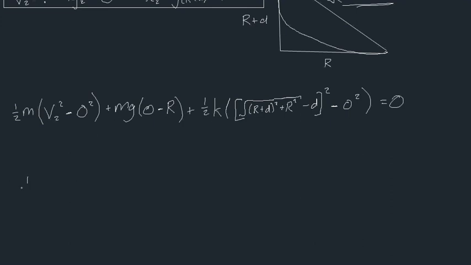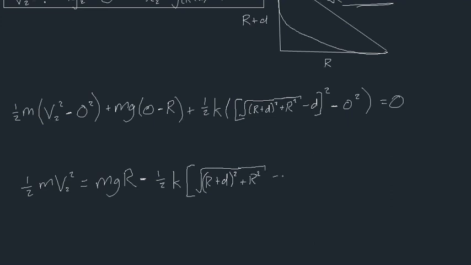That'll be a half m v2 squared is going to be equal to mgr minus a half k times this very, very convoluted square root sign, (r plus d) squared plus r squared, minus d, and that's going to be squared.